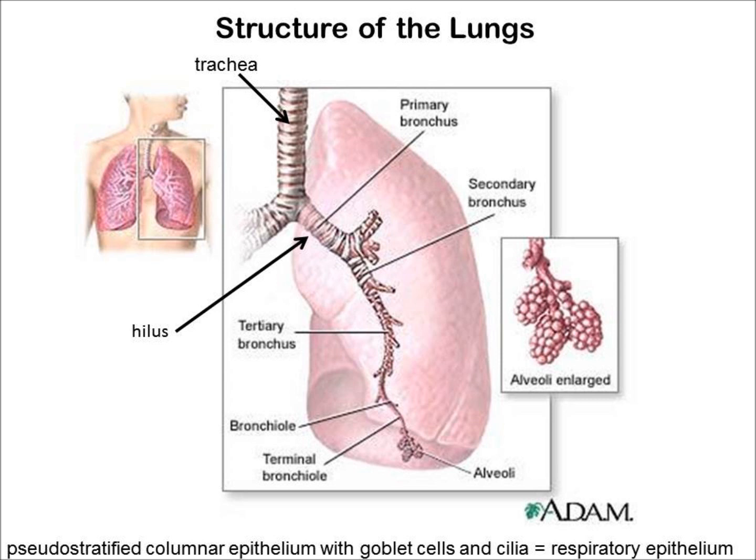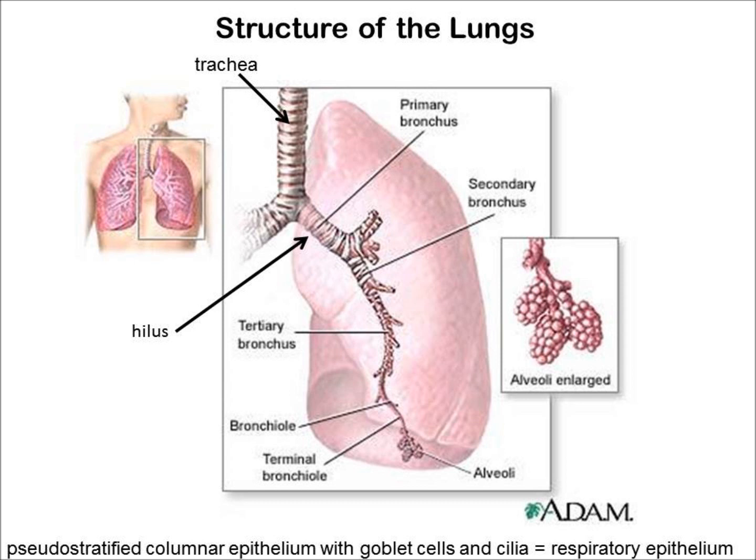Now you can visualize the airways of the lungs as branching trees. The bronchi are the largest air passageways and are characterized by the presence of cartilage in their walls and are lined by pseudostratified columnar epithelium with goblet cells and cilia, which is also known as respiratory epithelium.